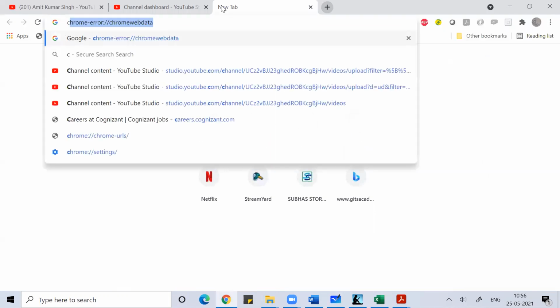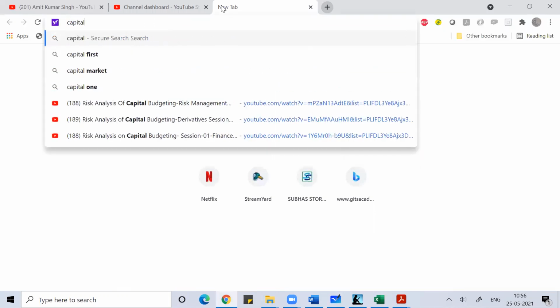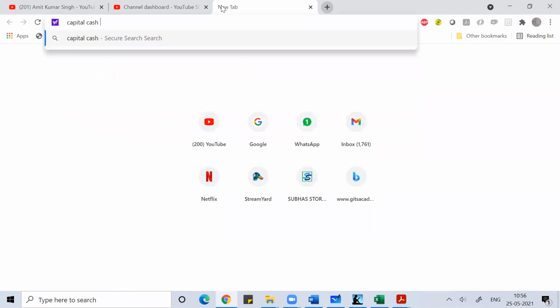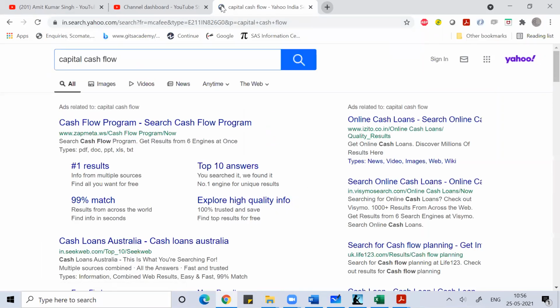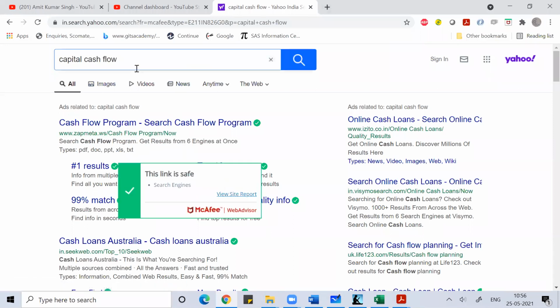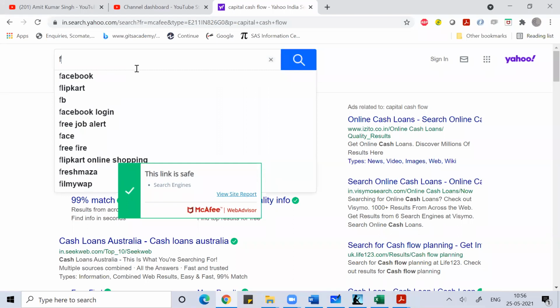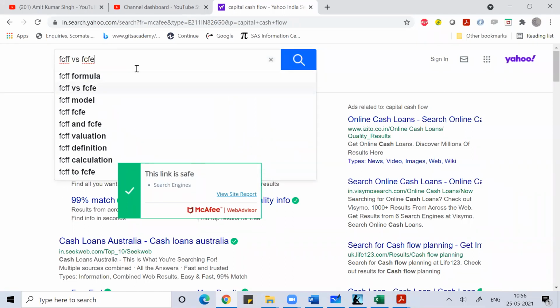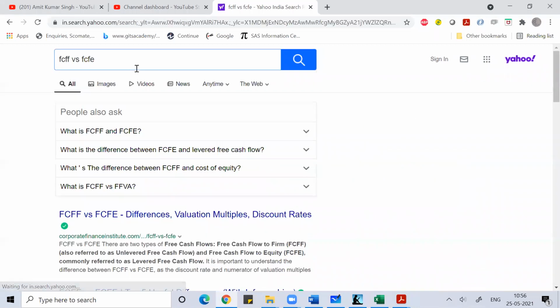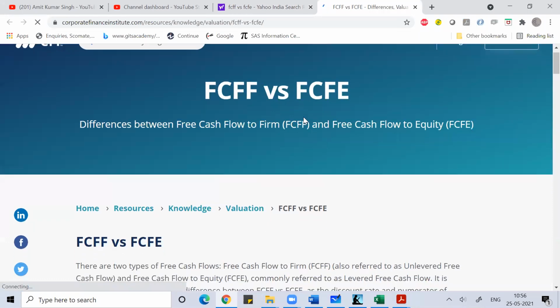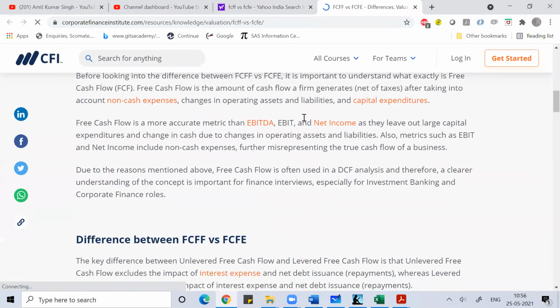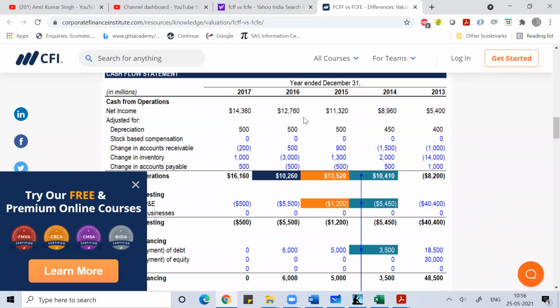What is capital cash flow, what is free cash flow, what is the difference between FCFE and FCFF, free cash flow to firm and free cash flow to equity. You can read about how they are different.